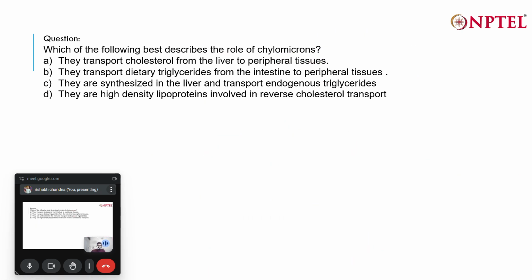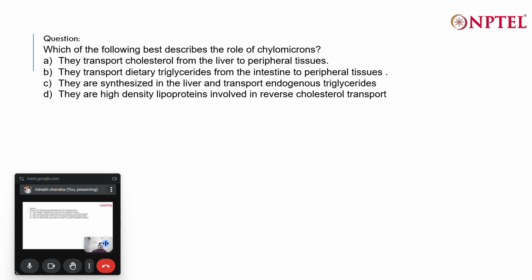Which of the following describes the role of chylomicrons? They transport cholesterol from the liver to peripheral tissues.